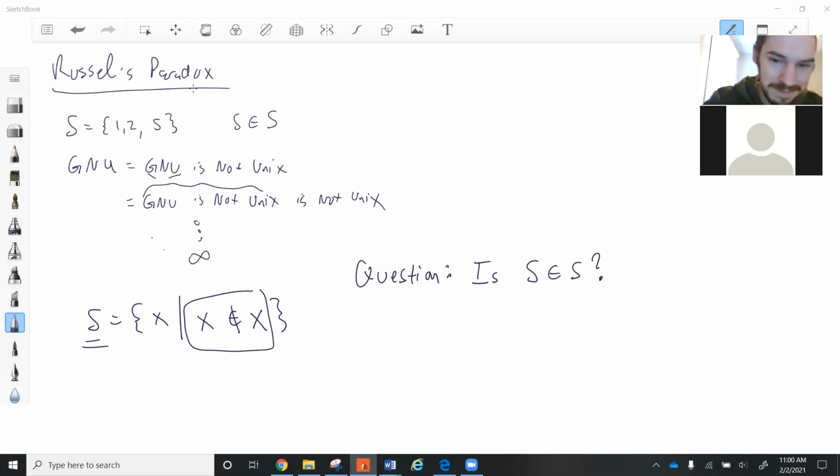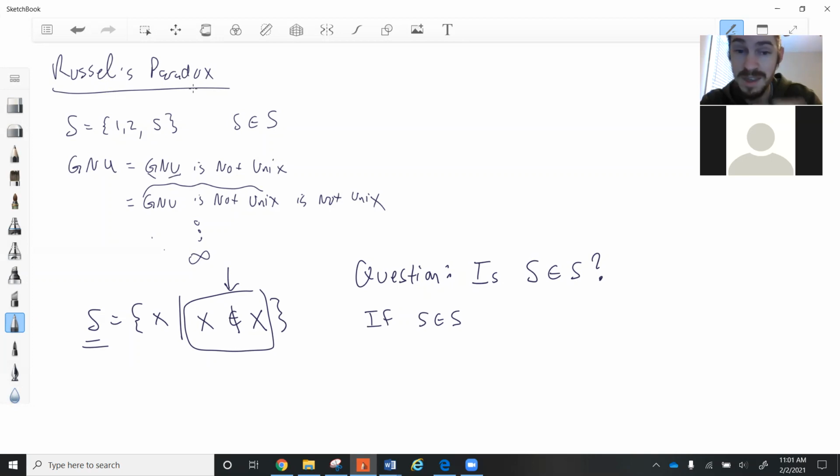Well, here's the thing. We've got two cases. Either it is or it isn't, right? If S is an element of S, then it's not an element of itself. So it shouldn't be an element of itself, because this is defined as the set of all sets that are not elements of themselves, and it can only contain things that are not elements of themselves.